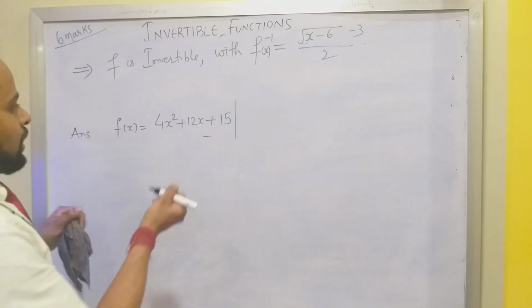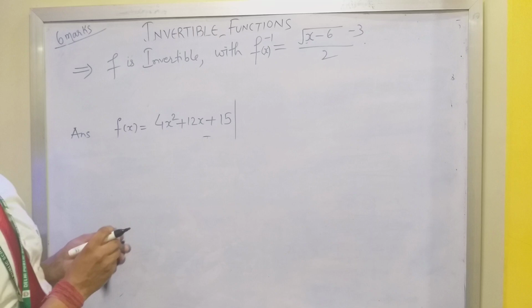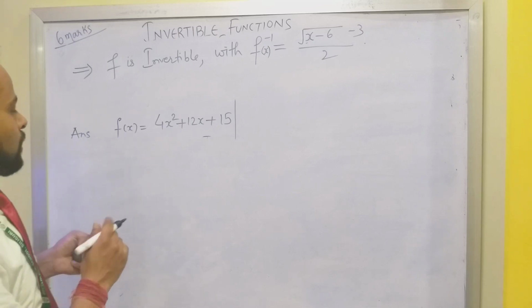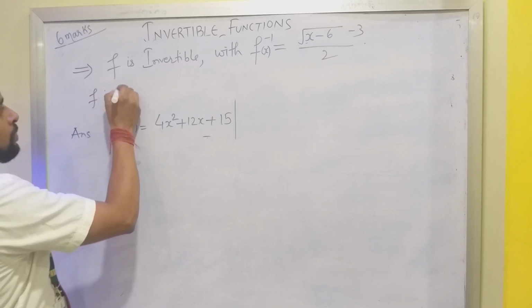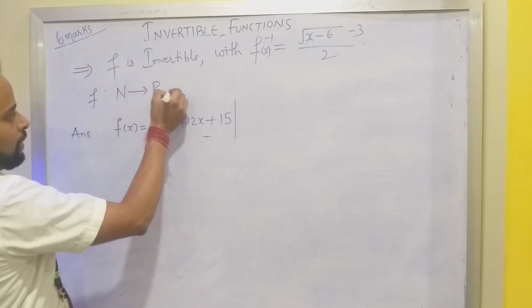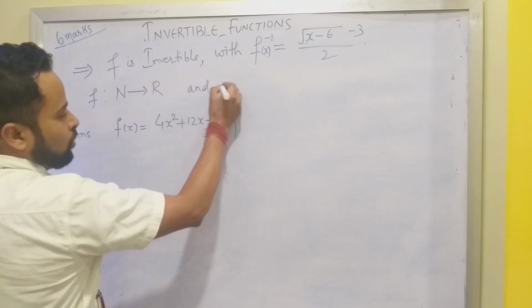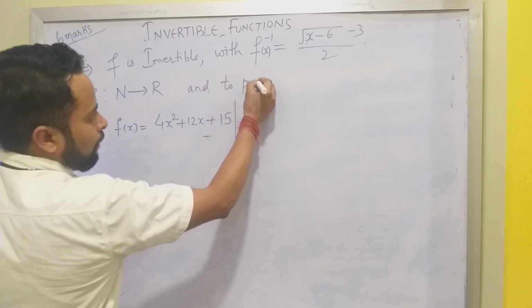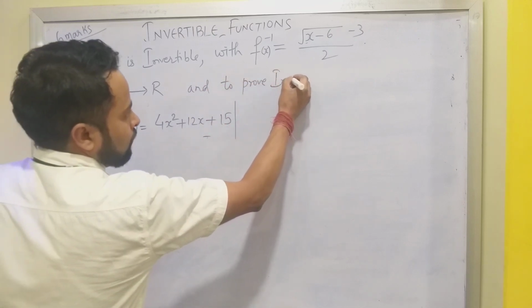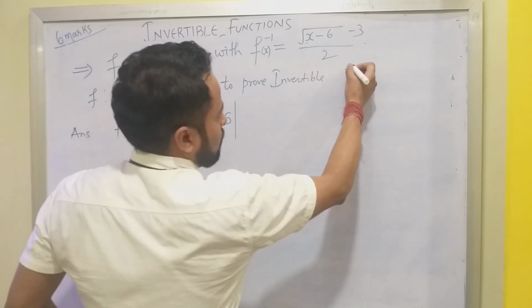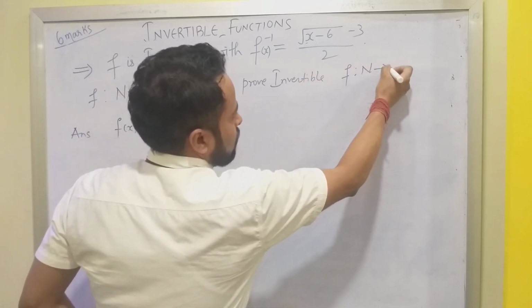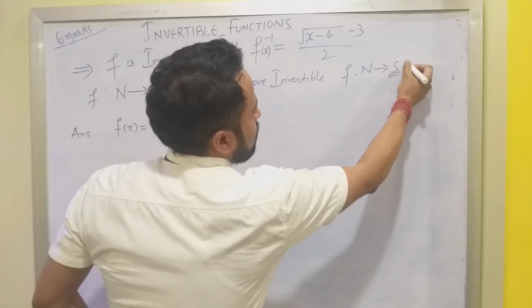f of x is given as this much. My question was: f is such that it is from N to R, and to prove invertible, f is from N to S, where S is the range set.